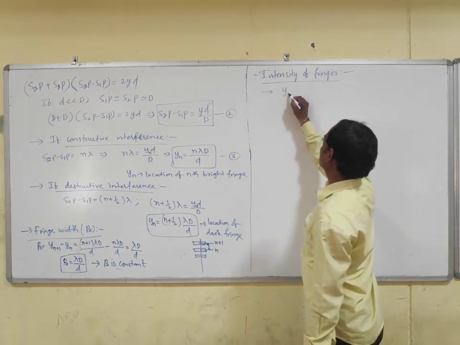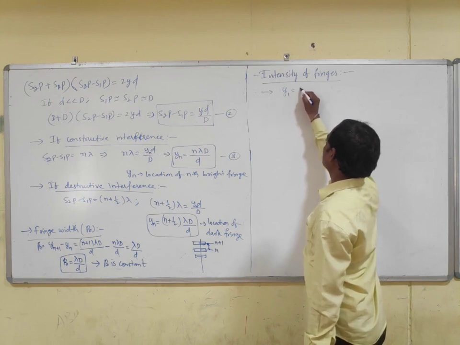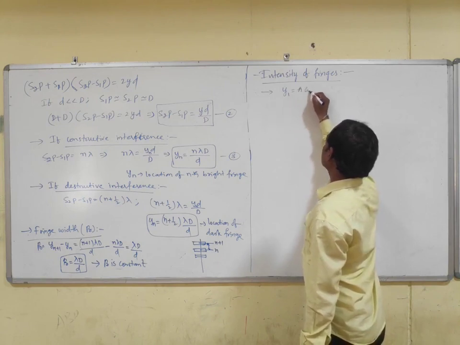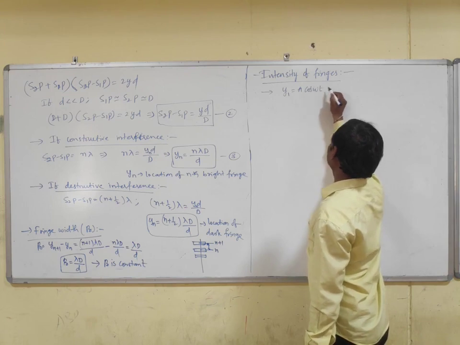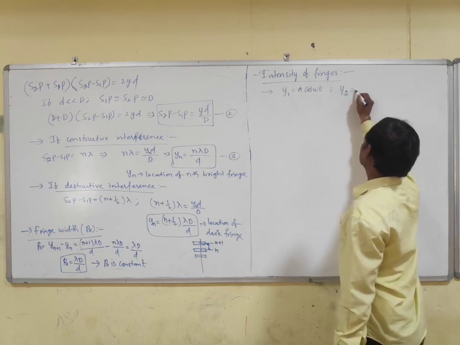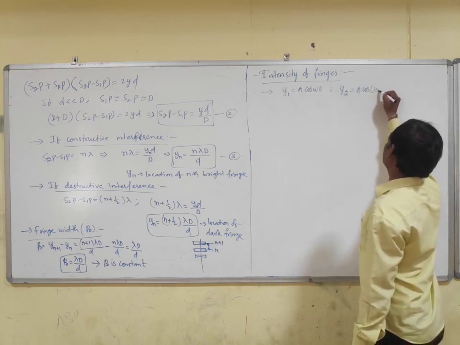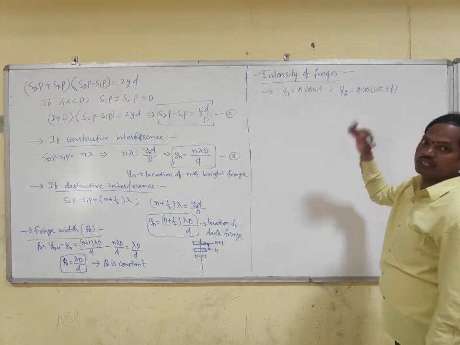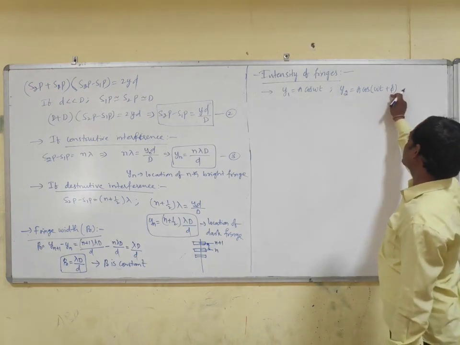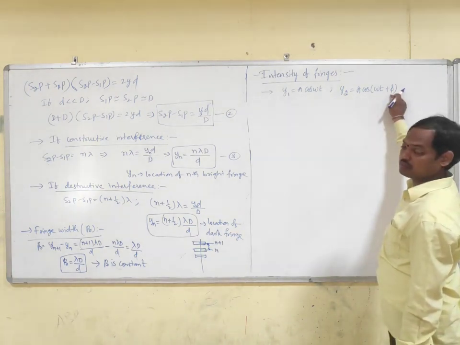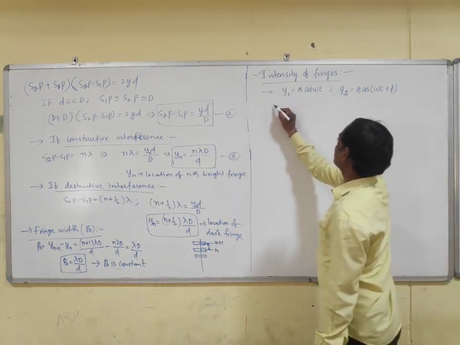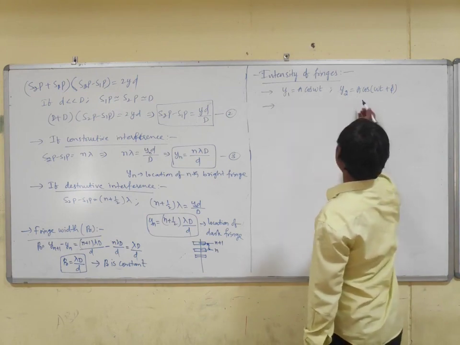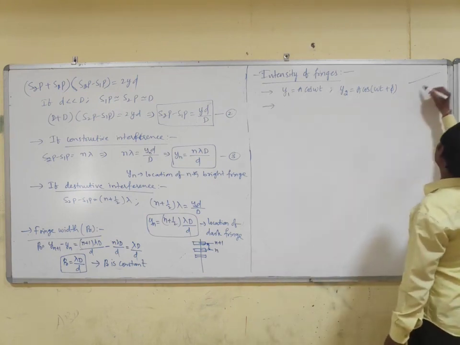So let us take y1 is equal to a cos omega t and y2 is equal to a cos (omega t plus phi). Both have some phase difference, but that phase difference is constant throughout the process.